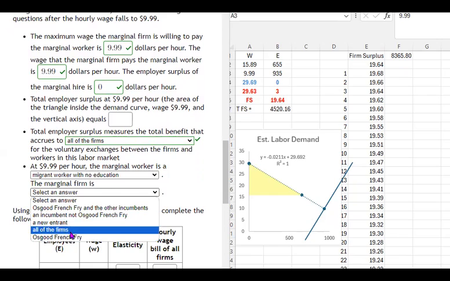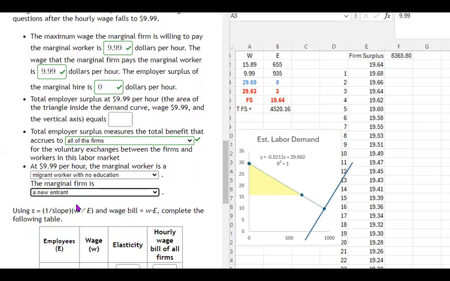It's the new entrant. These new entrants have higher cost structures than Osgood and than the incumbent firms other than Osgood. They used to have higher cost structures. If they didn't, they would have been in the labor market prior to the migration.